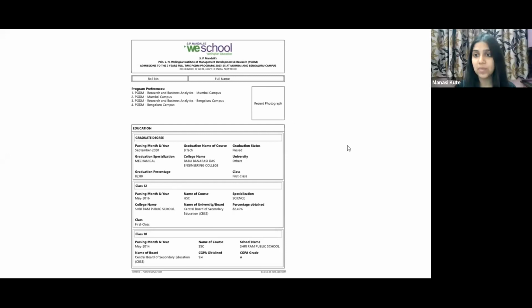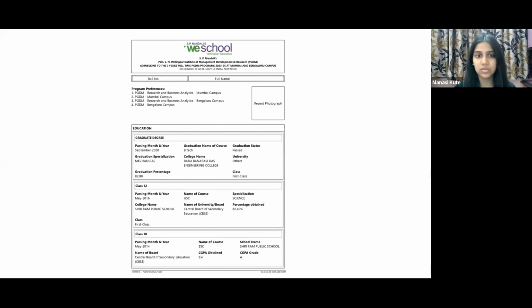And one more question regarding the placement. Does the average which Welingkar is currently giving, is it the overall average, or for specific programs like PGDM, analytics, e-business, or research and analysis? Every program has a particular average.